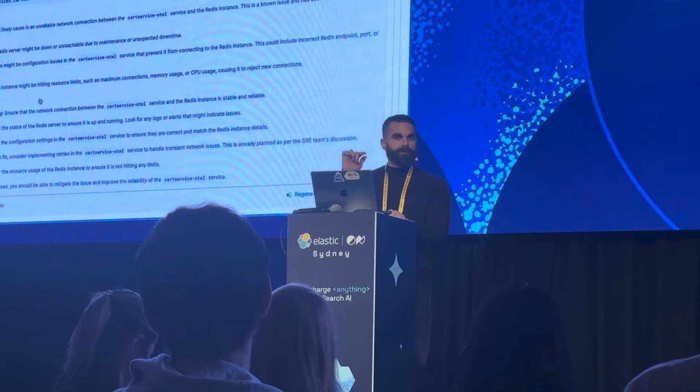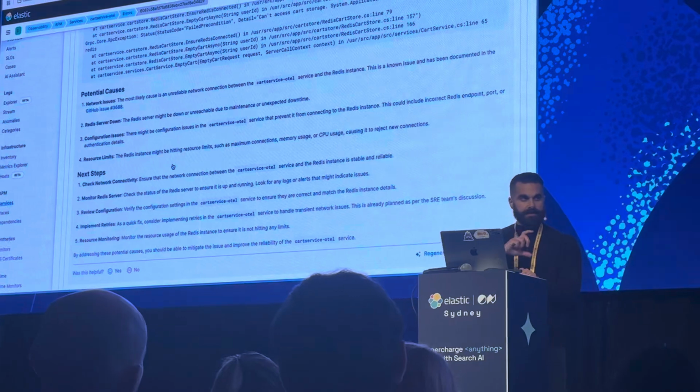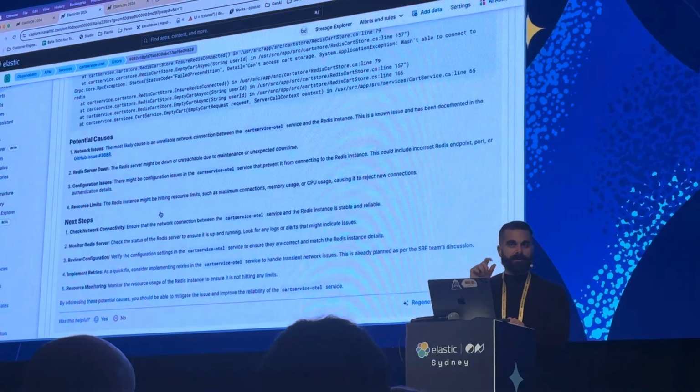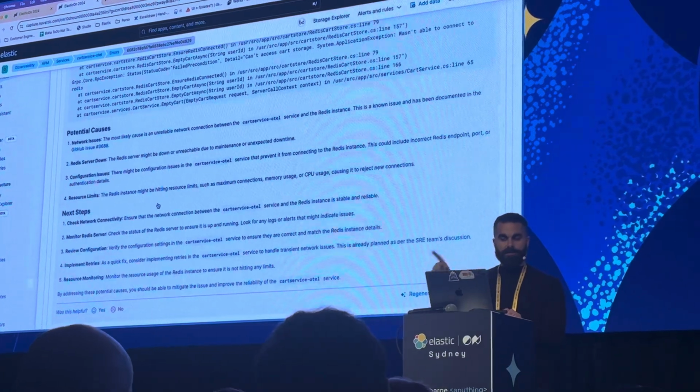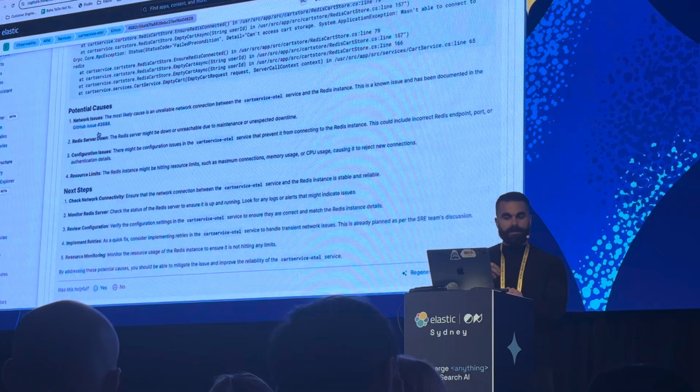But what's really interesting in that generated content is what I just explained. This is a RAG. So it goes into the indices that you connected to it. One of the indices I have is the GitHub issues in my organization.